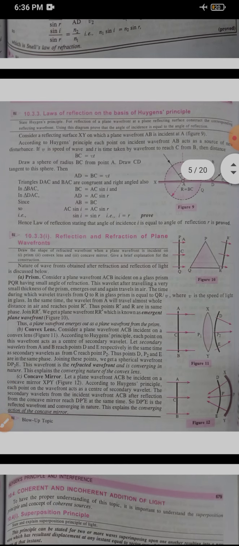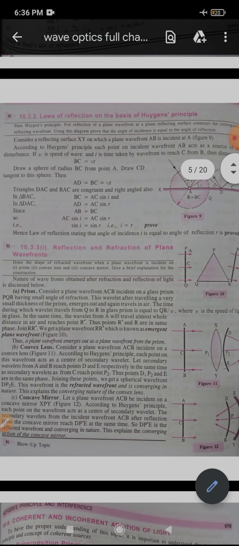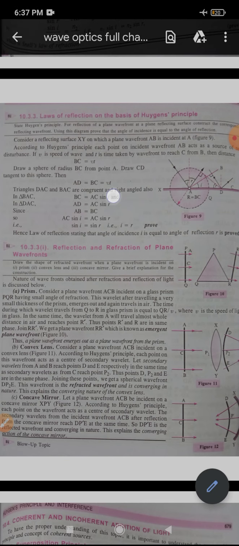So by using these equations, sorry, it must be AD here. AD is equal to BC. By this equation we know that AD is equal to BC. So substituting these two equations in the above equation, it becomes AC sin i is equal to AC sin r.